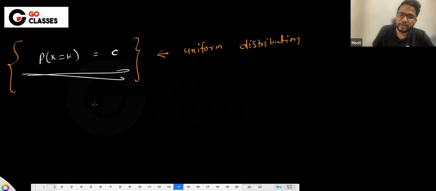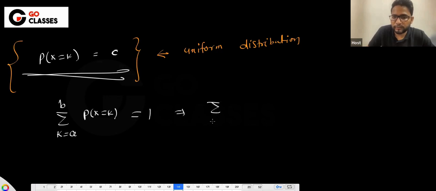Now, can you calculate the value of c? I think we can do it. How? We know that the summation over k from a to b of the probability of x equal to k is 1. That means the summation from k equal to a to b of c equals 1.